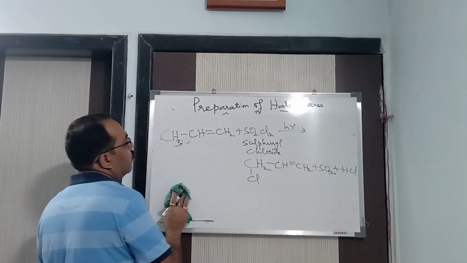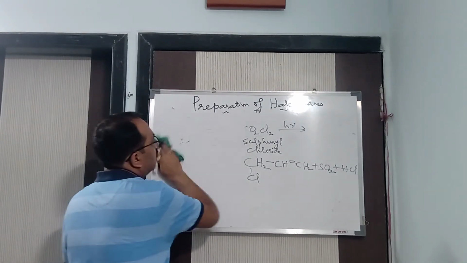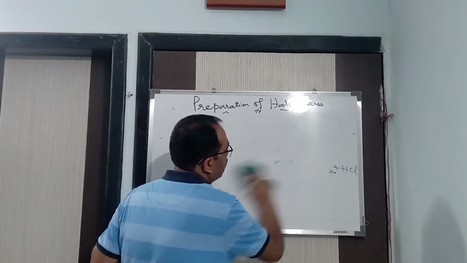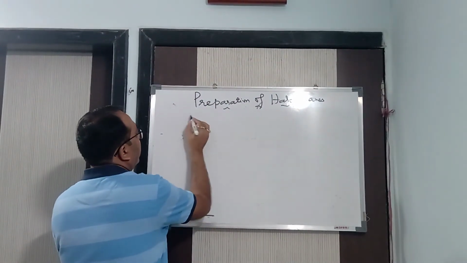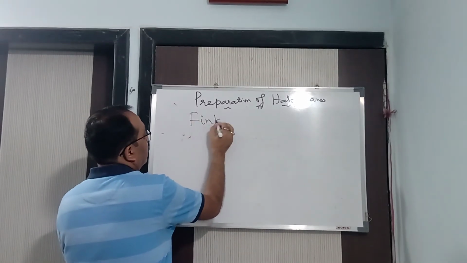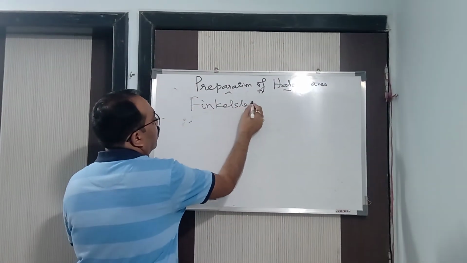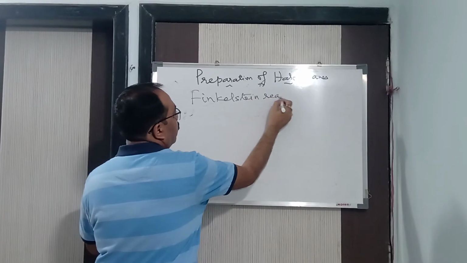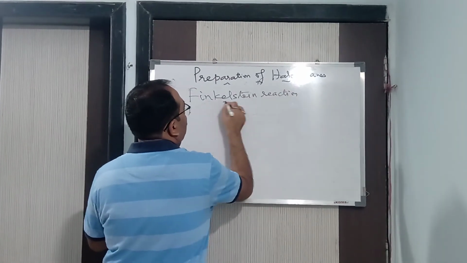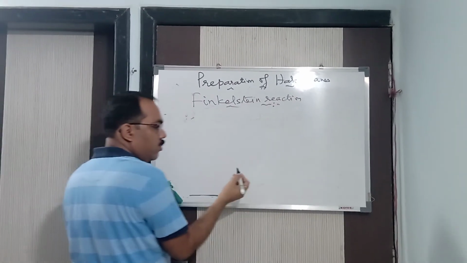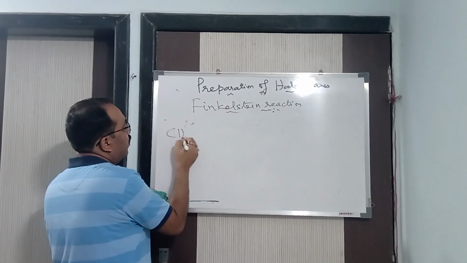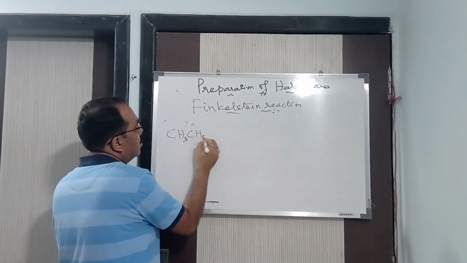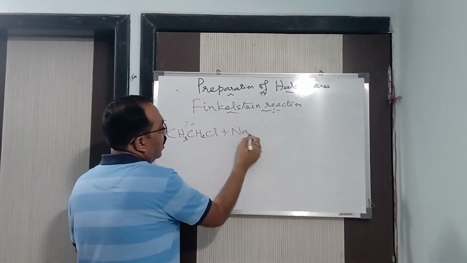Okay. So now the next method is the Finkelstein reaction. It is also called the halide exchange method, just like the Swarts reaction. Suppose I take CH3CH2Cl plus NaI.